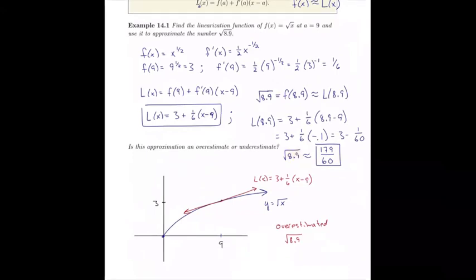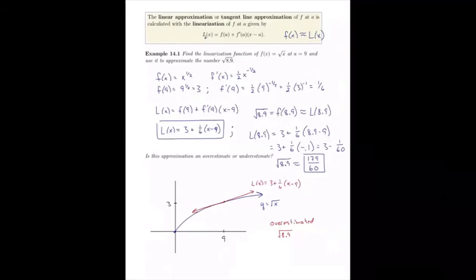In our case, we've still got a long ways to go before we get there, but we will see that. This is reasonable enough as long as this number is close enough to the actual value, a equals 9. And the further we get away from the value at which we form the linearization, the less accurate our approximation will be.